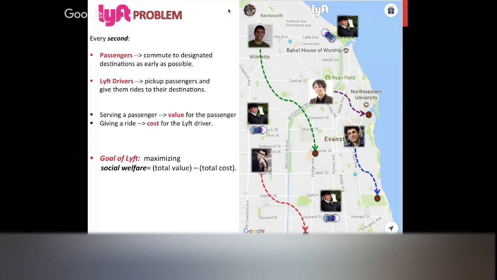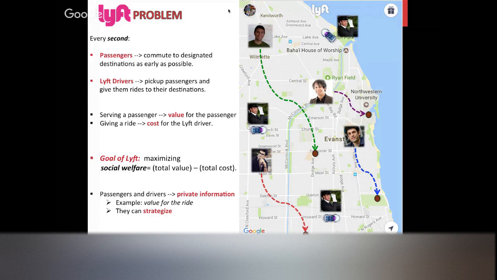Drivers have negative value, so I call it cost. So the social welfare is basically total generated value minus total generated cost. And here, the important part is, for the drivers and the passengers, their value for the ride and maybe other parameters that are important for the mechanism design are considered to be private information, things that they know but no one else knows. And therefore, they can strategize. And that's what makes this problem hard.